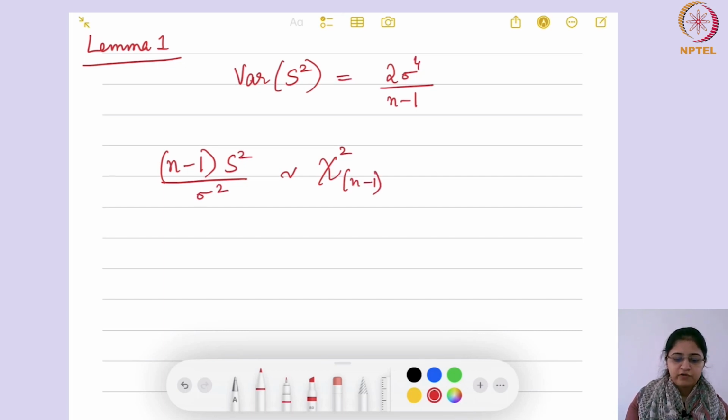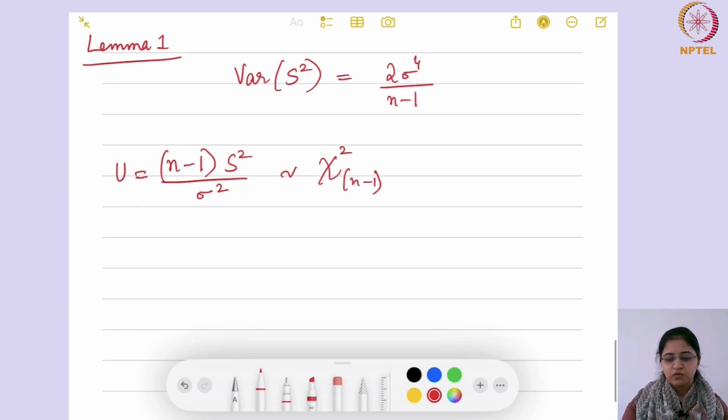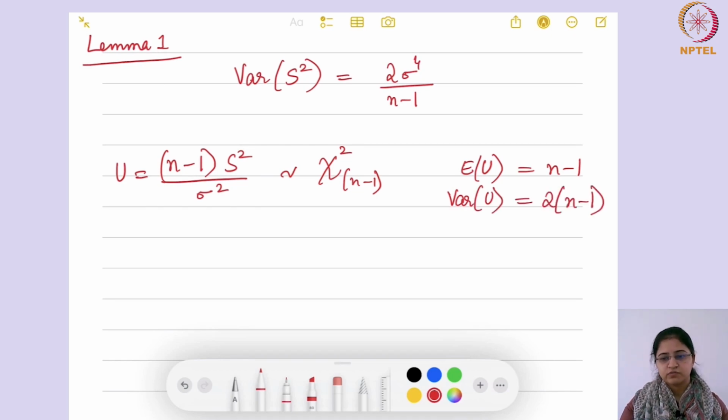Now suppose this is u. If u follows chi-square with n minus 1 degrees of freedom, then we know that for chi-square, expectation of u would be the same as the degrees of freedom, but the variance of this chi-square is twice the degrees of freedom.